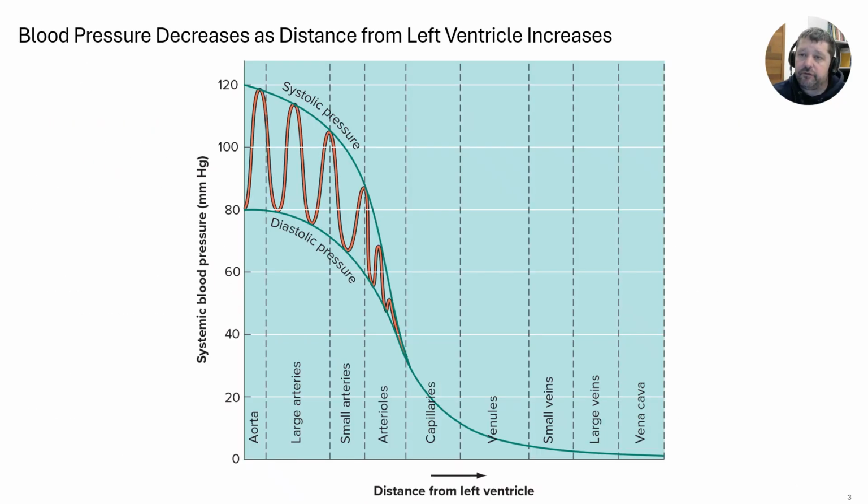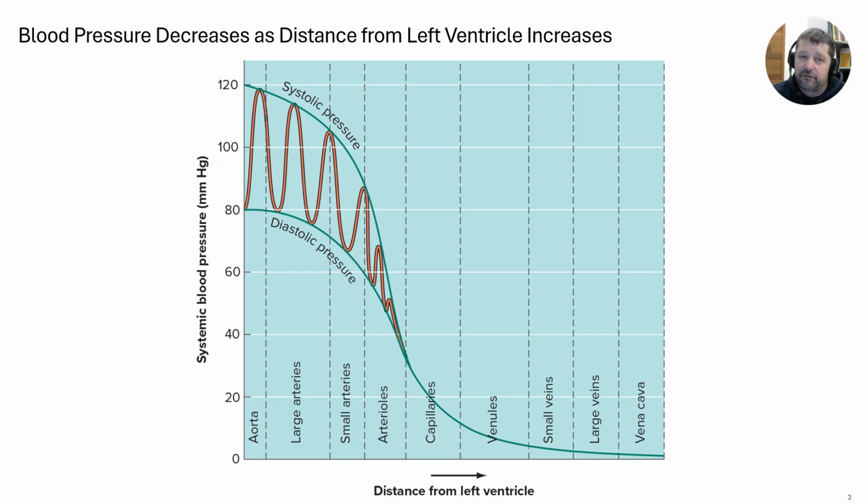This graph is just showing you the amount of pressure that's in the system and how it decreases a great amount as you move away from the left ventricle. So that left ventricle, right as it dumps into the aorta, let's say the highest point for this individual was 120.